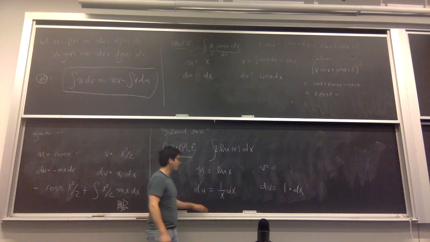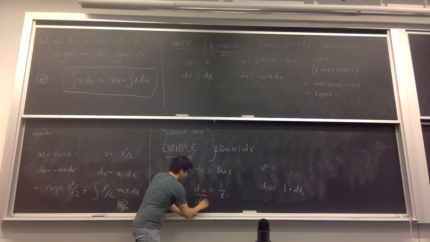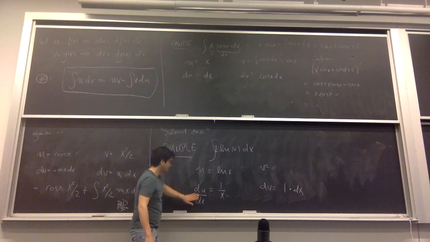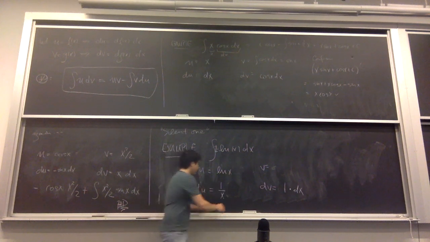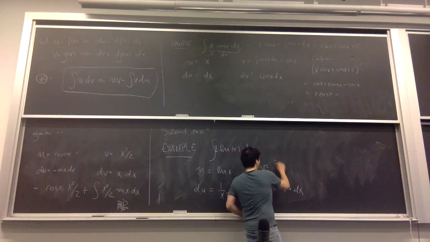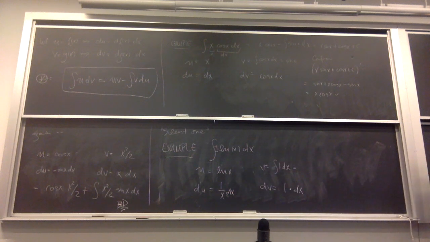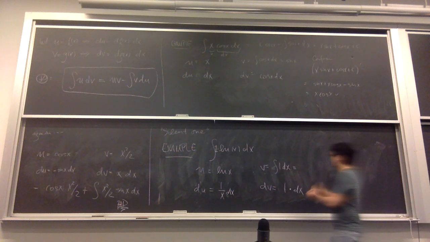The other way you could think about this, but it's a waste of time, is du by dx, and then you can clear, right? Anyway, there's a dx here. So if dv is 1 times dx, what's the integral of this? X. Okay.